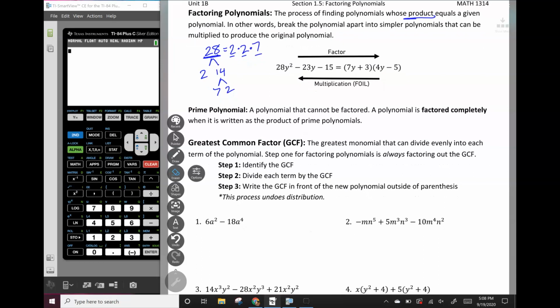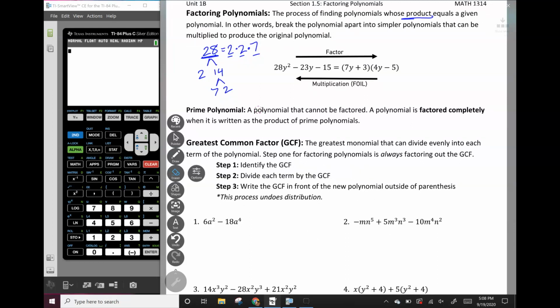All right, a prime polynomial is a polynomial that cannot be factored. So if the polynomial can't be broken up at all, like the number 13 can't be broken up at all, that number is called prime.